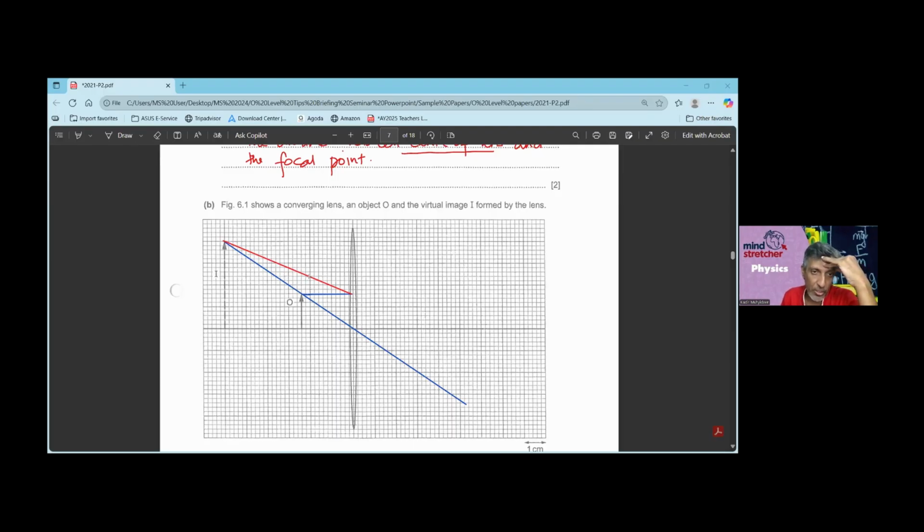So you pull it back here. Draw a straight line and then you can find your focal point.